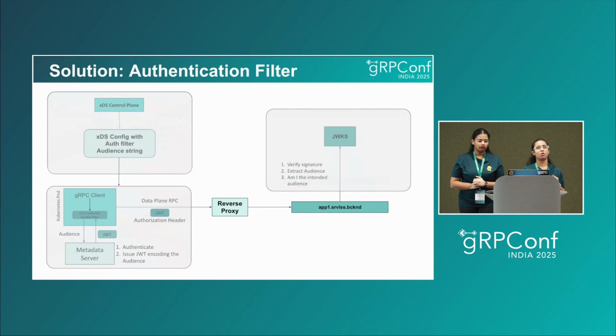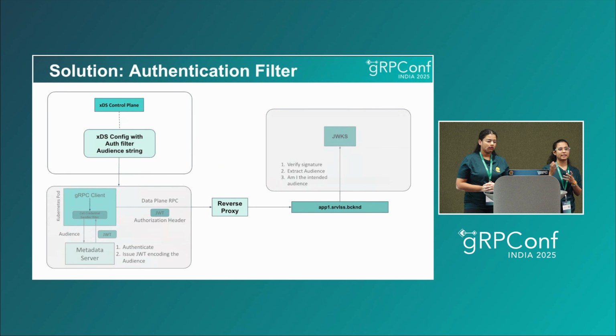And now for the whole flow, the XDS control plane will send the auth filter via type URL and the audience that needs to be encoded in the token. gRPC will maintain a list of these filters along with the call credential implementations.